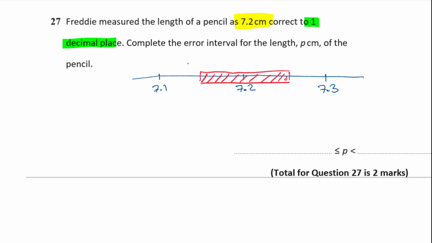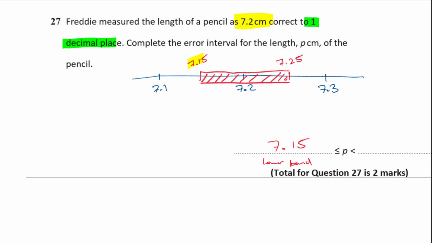That is going to be 7.15, isn't it? And then halfway between 7.2 and 7.3 is 7.25. Now, the one on the left, the smaller one, is what we call the lower bound. So my lower bound is this one here, and that goes on the left-hand side, 7.15.